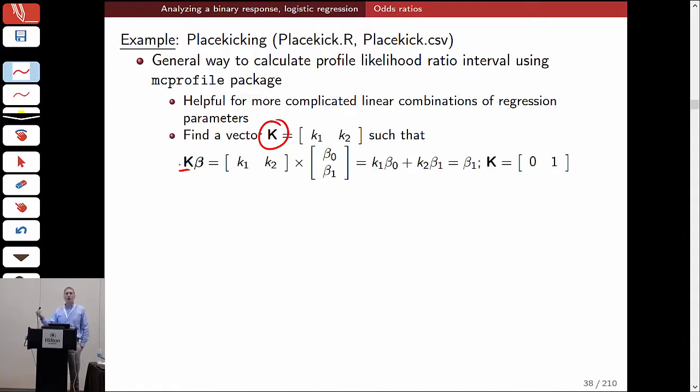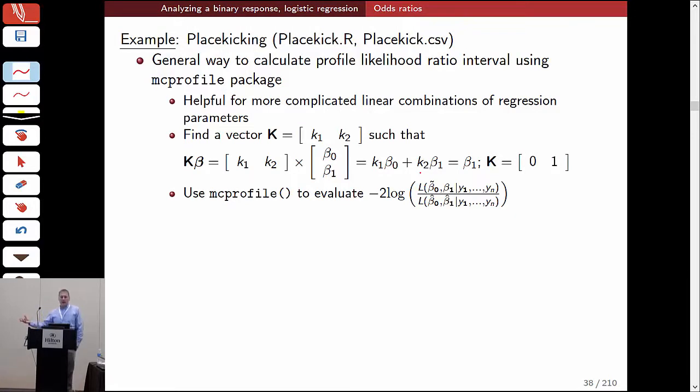And we want to choose coefficients that go into k such that we get what we're interested in, which would be e to the beta 1. That's our odds ratio for c equal 1. And so if I choose k1 to be 0 and k2 to be 1, obviously then I do get just that beta 1 back.